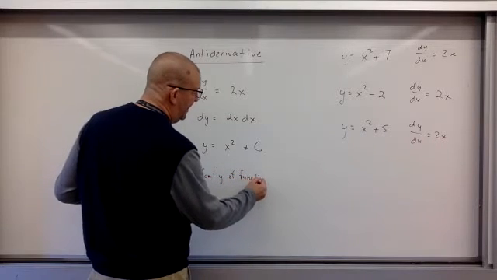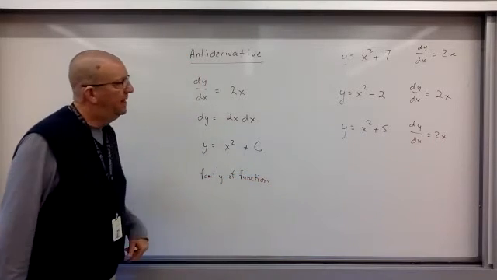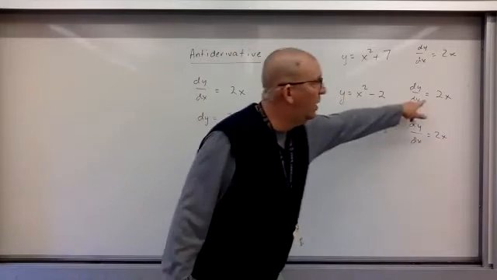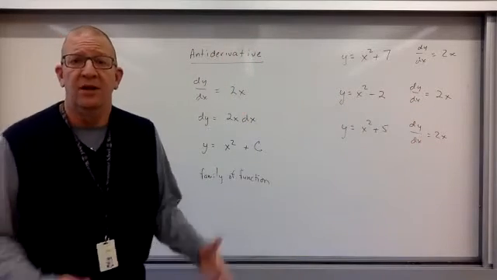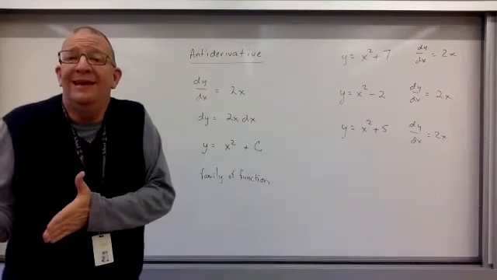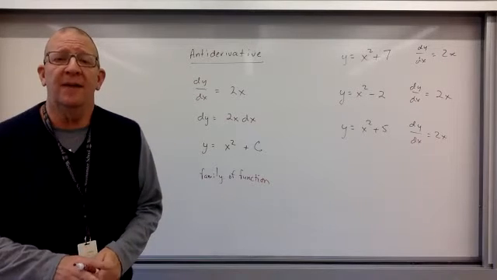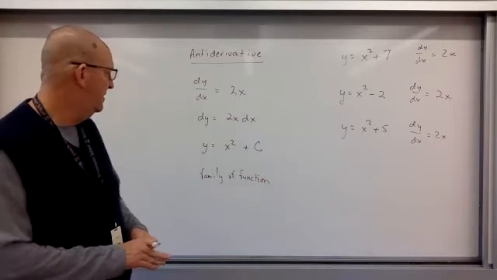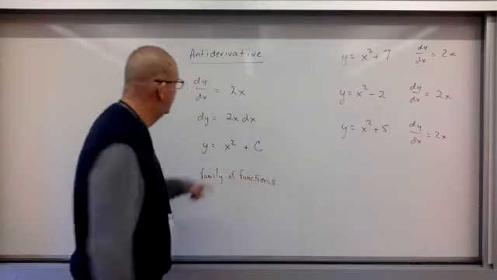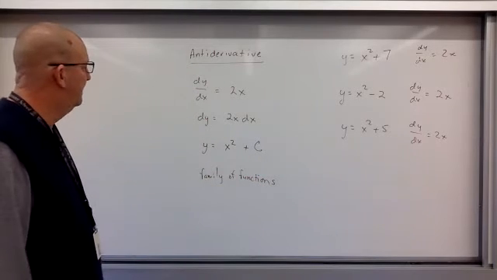And that's the idea here, right? A function has one derivative, but a derivative can go with an entire family of functions. And so that's how I want you to think about it, okay? Family of functions, x squared plus c.